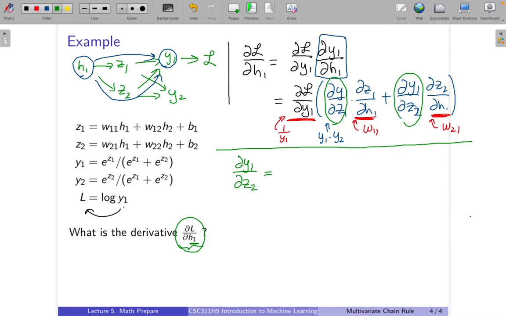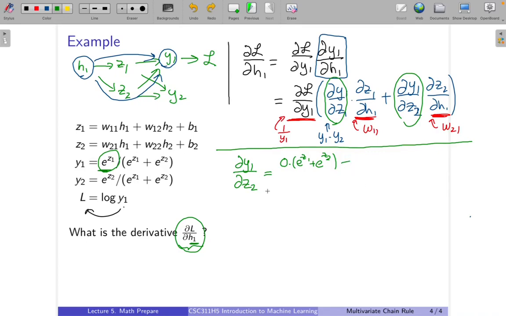The derivative of this quotient is the derivative of the numerator times the denominator, but the derivative of the numerator here is 0. So 0 times the denominator, because the derivative of e to the z1 with respect to z2 doesn't depend on z2 at all.